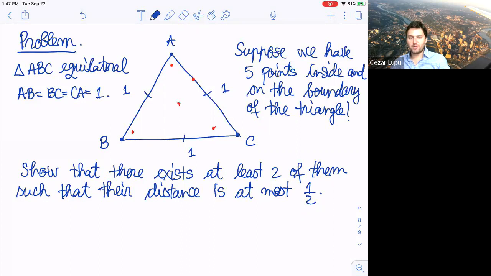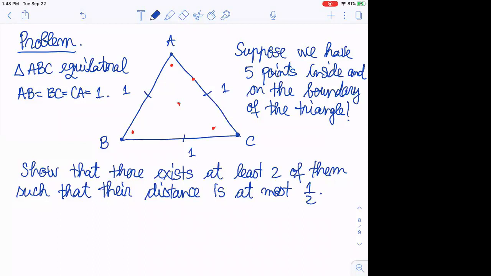So how would you approach this problem? You could try dividing the triangle up into smaller triangle boxes. Exactly.